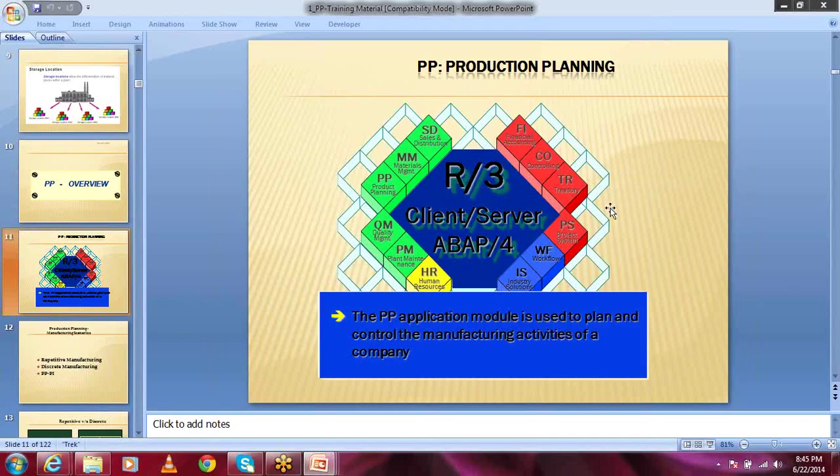Actually, for any business, production planning means material planning. For example, you can take any product manufacturing, like a car. To manufacture that car, you require tires, glasses, seats, and engine. All these are the materials you require to assemble a car.